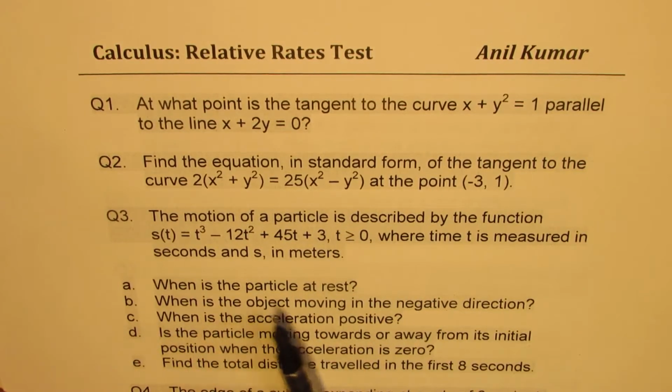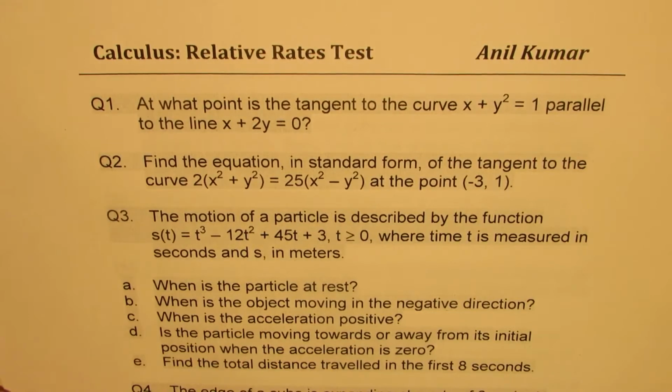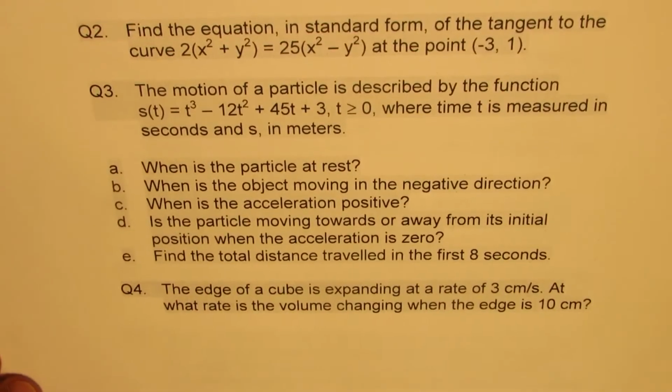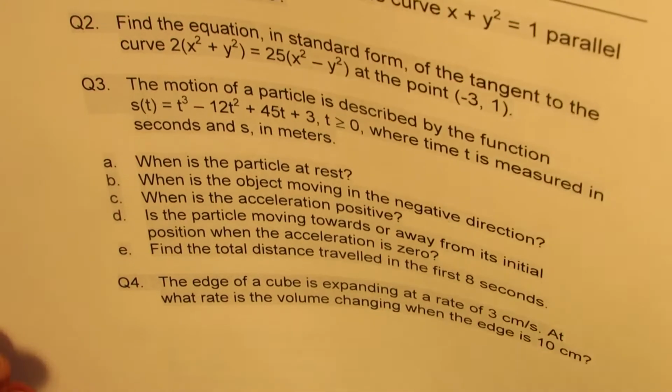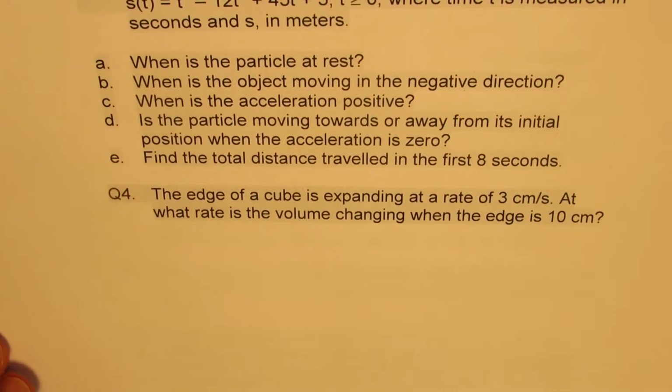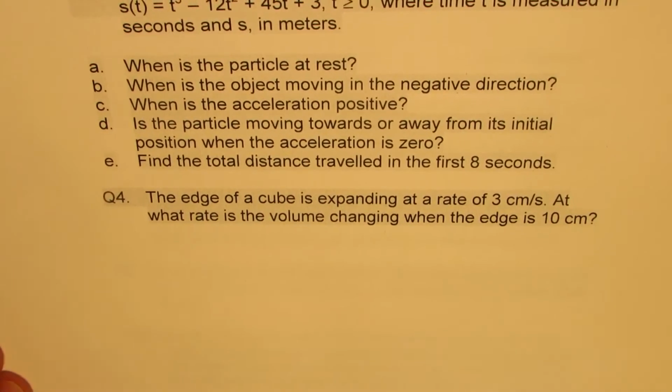You need to find when the particle is at rest, when it is moving along the negative direction, when the acceleration is positive, is the particle moving towards or away from the initial position, when the acceleration is 0, and you need to find the total distance traveled in 8 seconds.